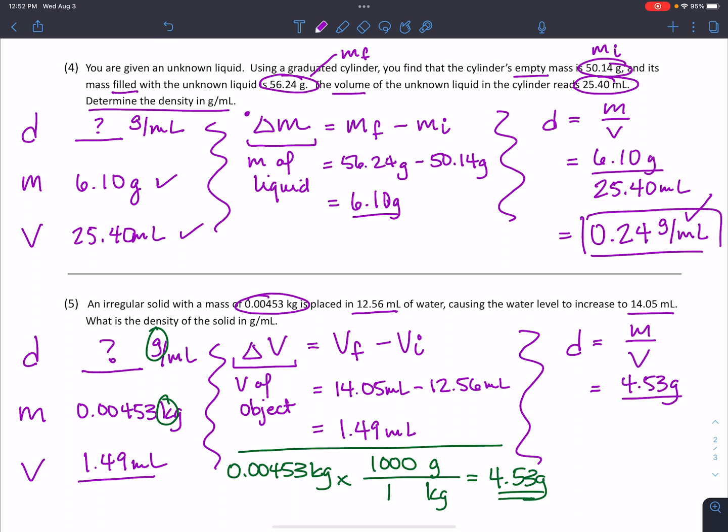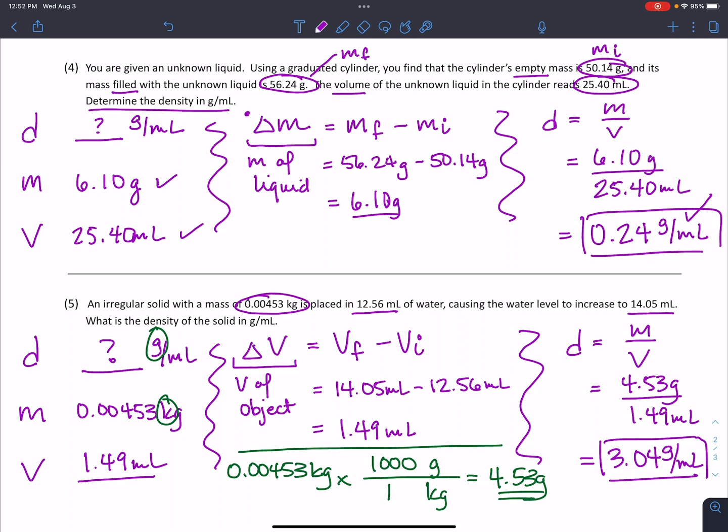4.53 grams divided by 1.49 milliliters, and the density of our unknown object is 3.04 grams per milliliter. Now, could we have used the kilograms and found our density value in kilograms per milliliter and then done the conversion? Sure.